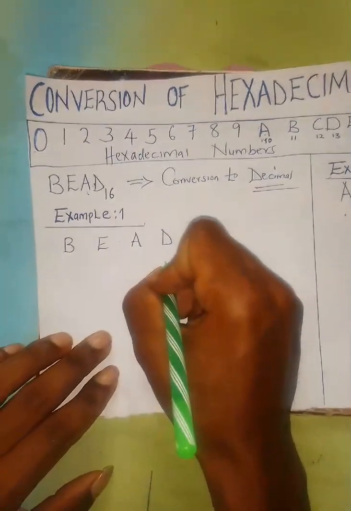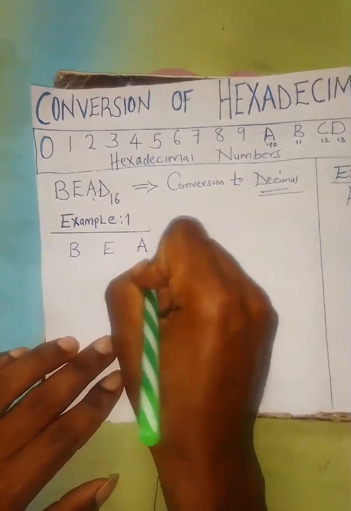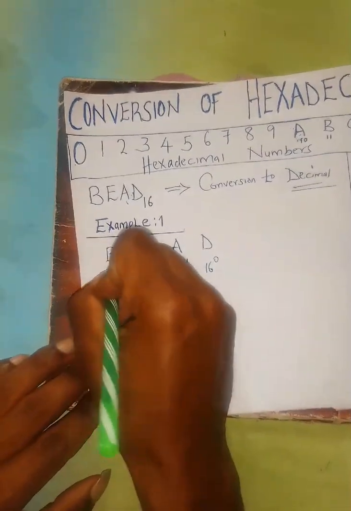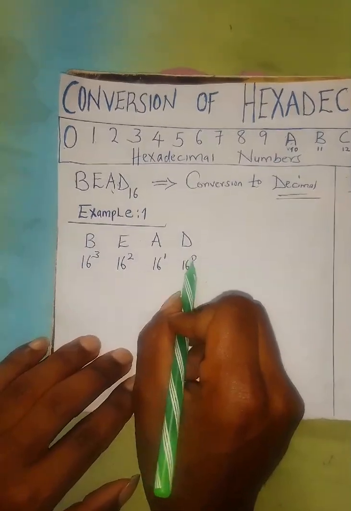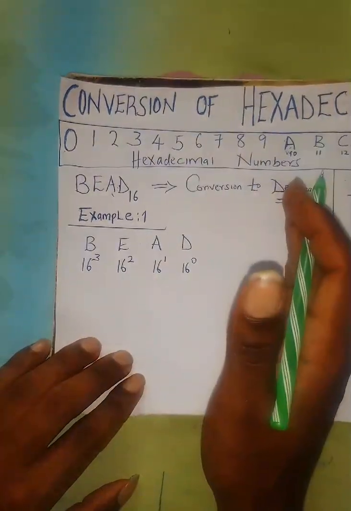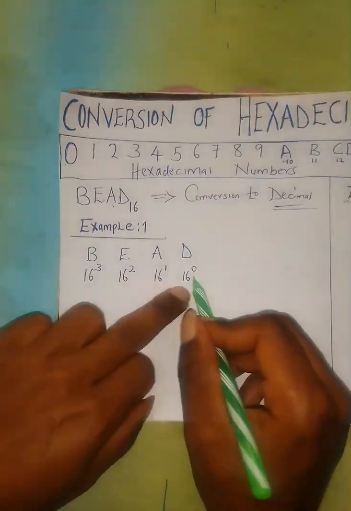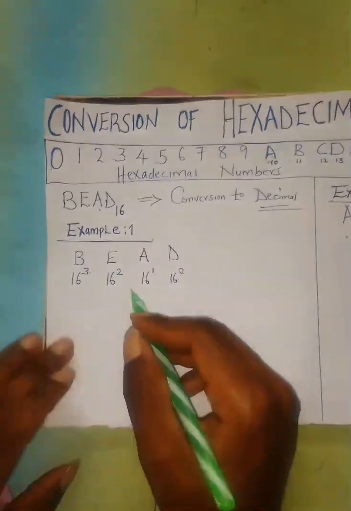The place value of D is 16 power 0, then 16 power 1, 16 power 2, 16 power 3. So we move from the right-hand side to the left-hand side, from 0 to 3.